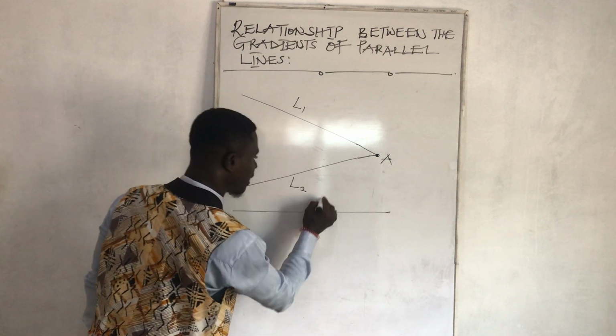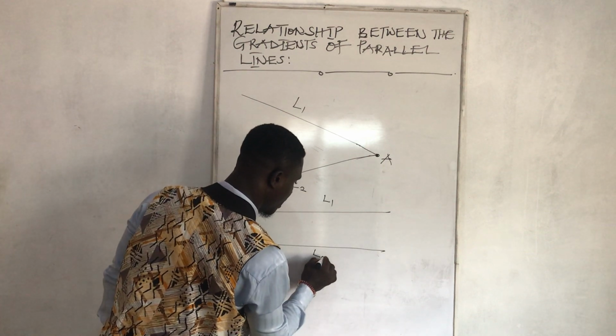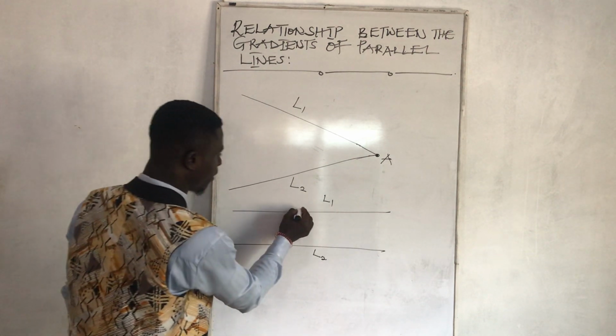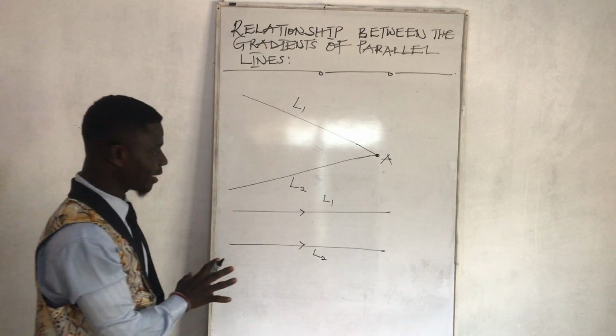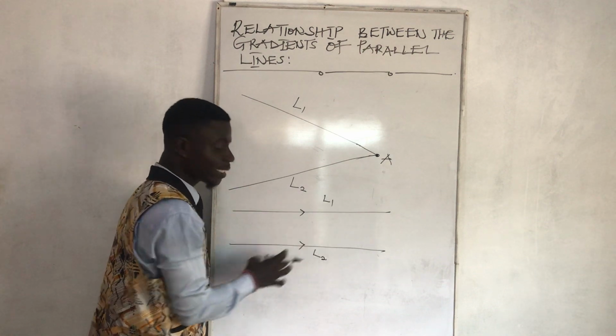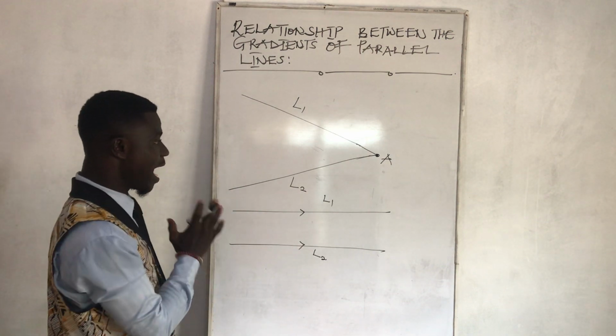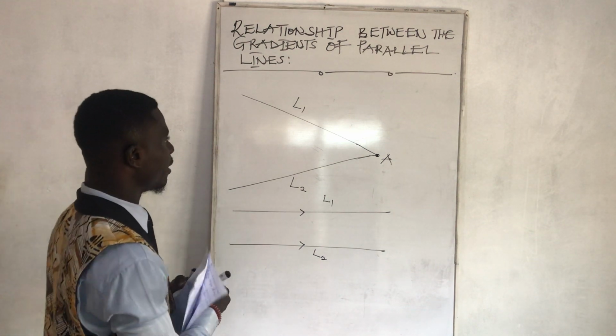So if you have line L1, then line L2, and they have no meeting point, then these two lines, L1 and L2 respectively, are said to be parallel.